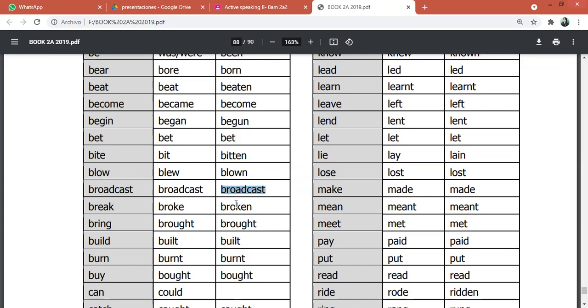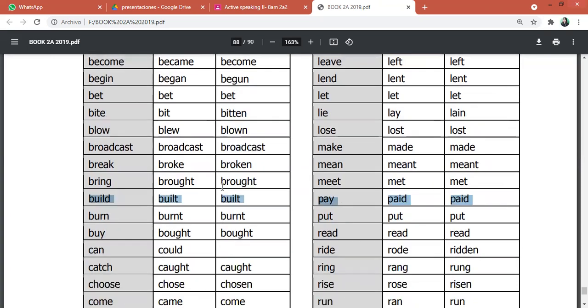One more time, broken, brought, built, born.